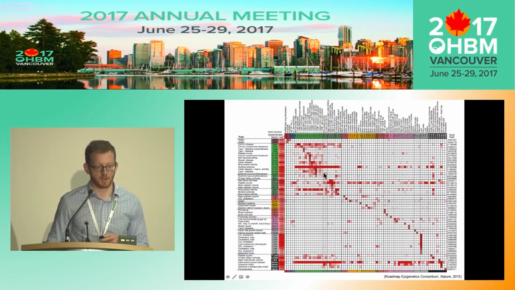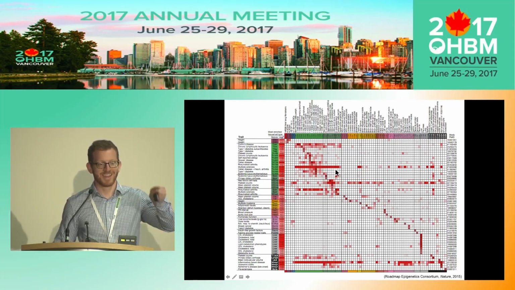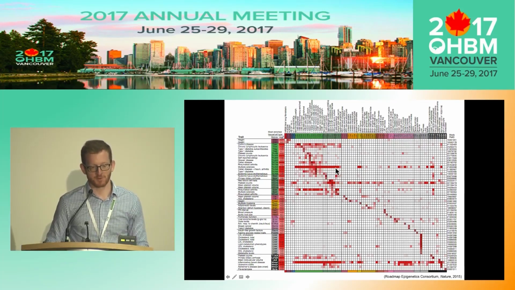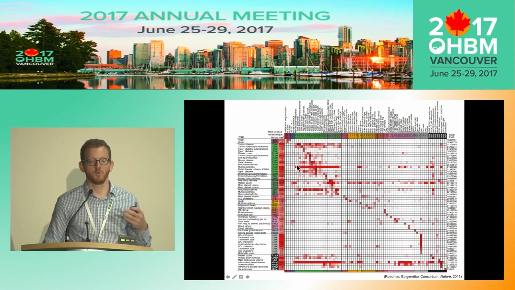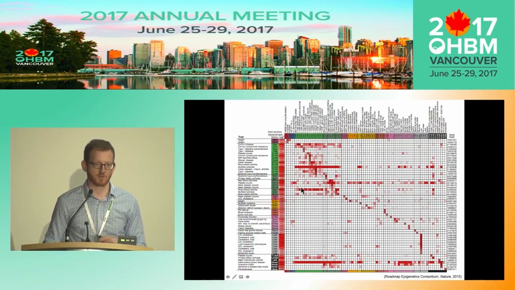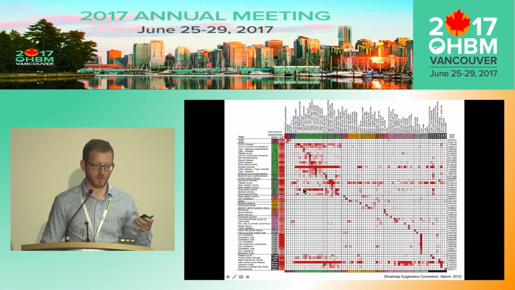Even though I can't read it too well, I think this one is multiple sclerosis. Multiple sclerosis seems to be enriched in immune cell DNase hypersensitivity sites. Rheumatoid arthritis also seems to be enriched in immune cell DNase hypersensitivity sites. These aren't necessarily surprising, but they do give you insight into a potential mechanism by which these genetic variants are having their effects.